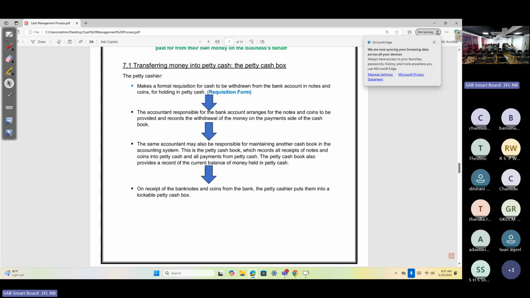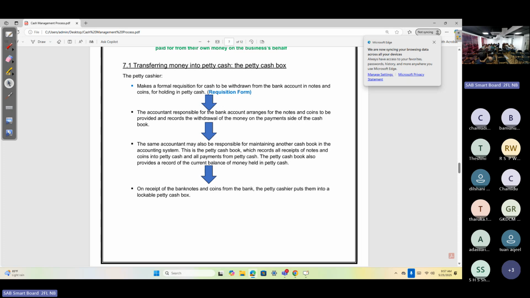The same accountant may also be responsible for maintaining another cash book in the accounting system. This is the petty cash book, which records all receipts of notes and coins into petty cash and all payments from petty cash. That's why I have given two double entries. Any confusion? First, withdraw: cash in hand debit, bank credit.